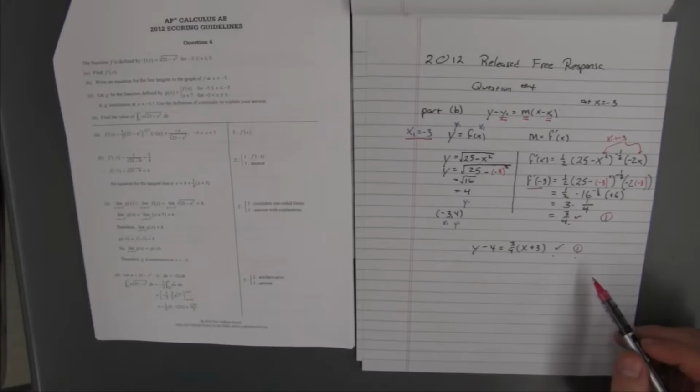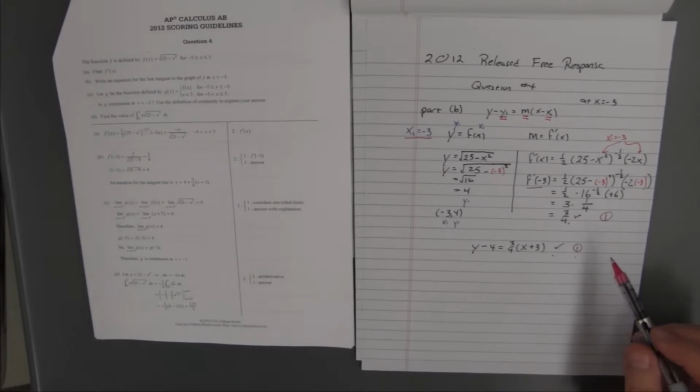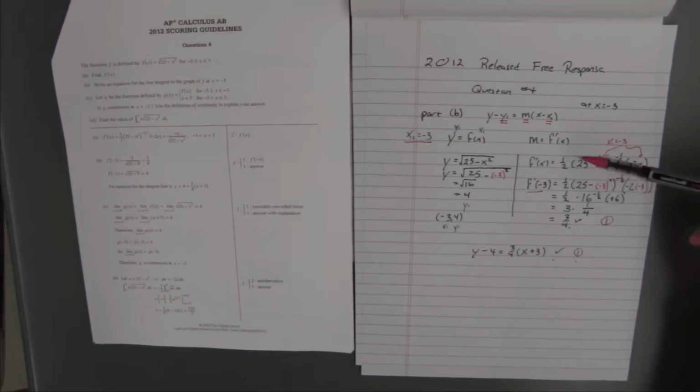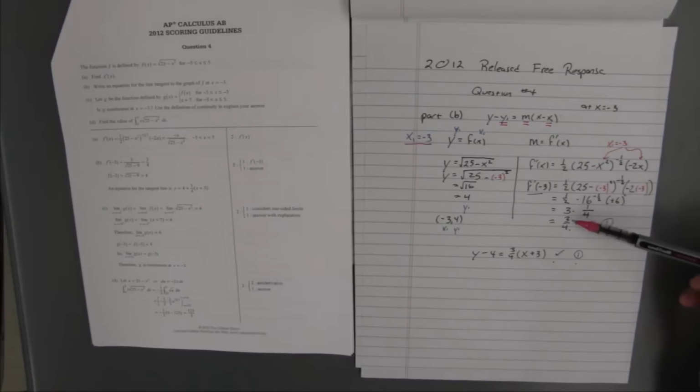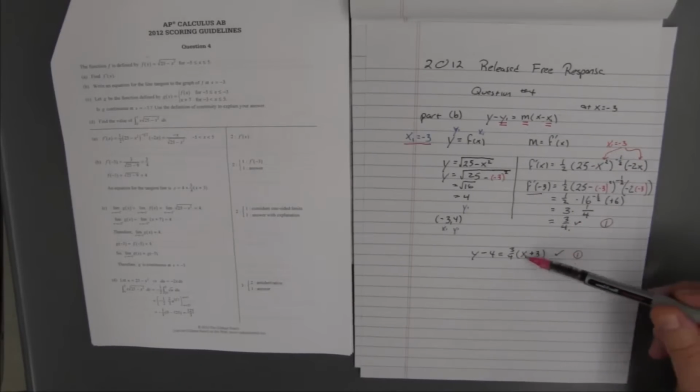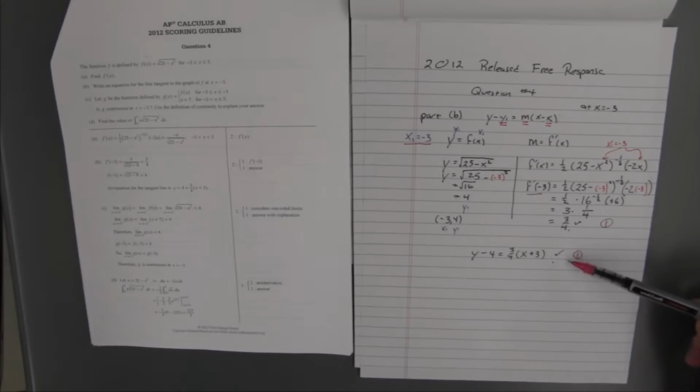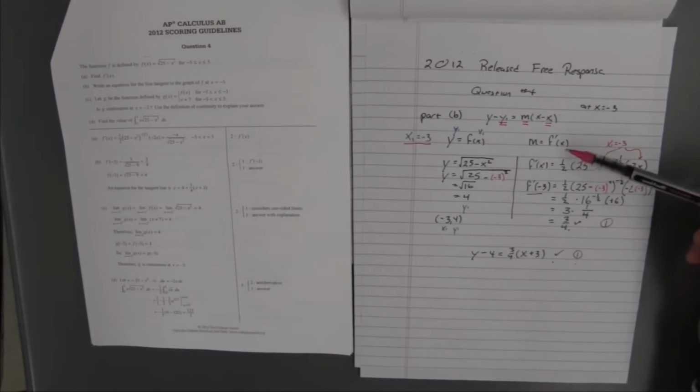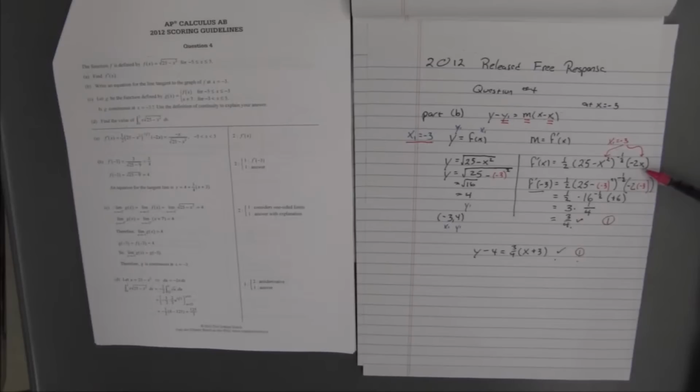One important proviso is that I have been told by scorers that if I make a mistake with the derivative and I try to recoup the point from another part of the problem, it's important that whatever I came up with for a derivative is equally complex to the derivative that was actually there.